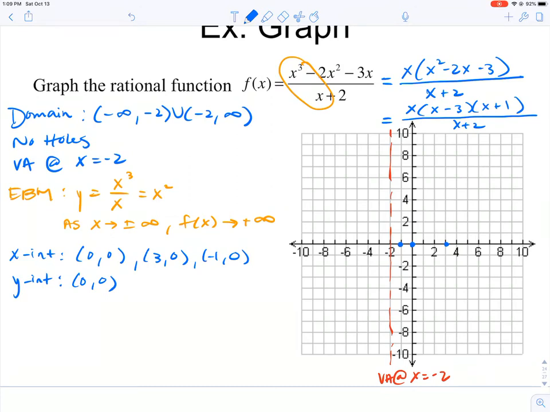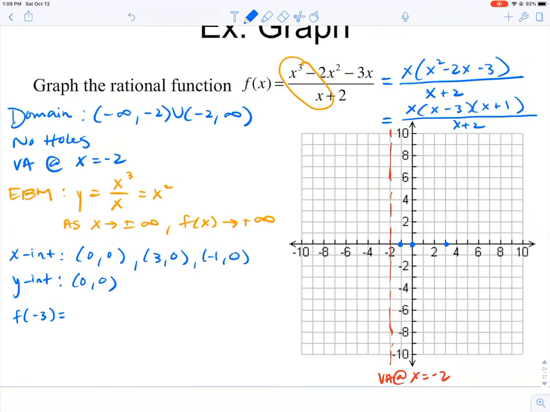So let's find f of -3. So f of -3, there's just a lot of point plotting.